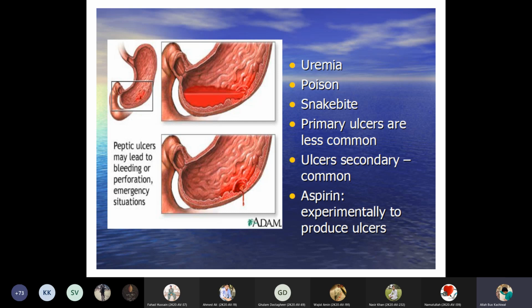So therefore, if we want to produce an ulcer in an animal as an animal model for experimentation to treat ulcers by any medicines, homeopathic or allopathic, we can produce it by feeding aspirin continuously to simple stomach animals, which may cause gastric ulcer in the animal.